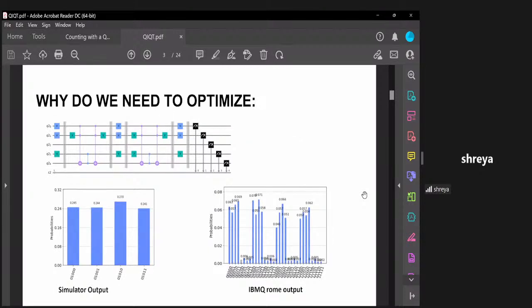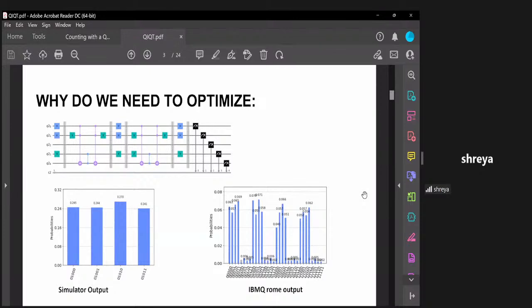Now, why do we need to optimize while using a quantum computer, especially the noisy intermediate scale quantum computer? This is a short motivation. This is one of my circuits that I have implemented on the famous IBM quantum computers. The circuit is not of much depth, only about 10 layers maybe.